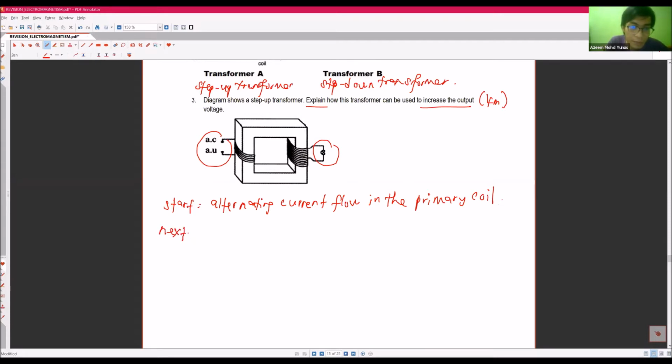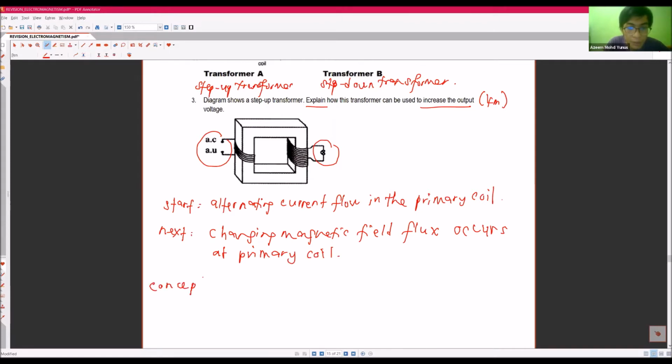Next, changing magnetic field flux occurs at primary coil.